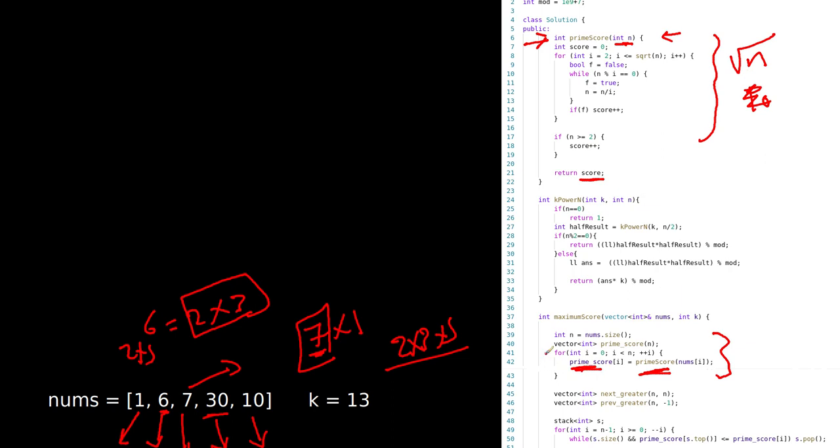So the time complexity for this for loop, assuming the number of elements in the array is n and the maximum value of a number in the array is m, is n multiplied by the square root of m.